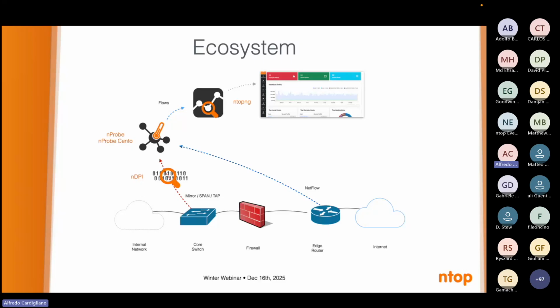But we also have inline tools able to, for instance, stop DDoS attacks, which is the case of nScrub, or also layer 7 application firewalls like nEdge and a new one that we're going to introduce, which is mFirewall.